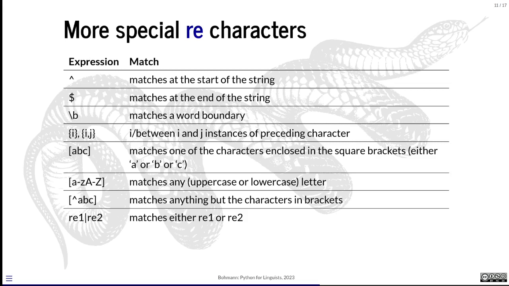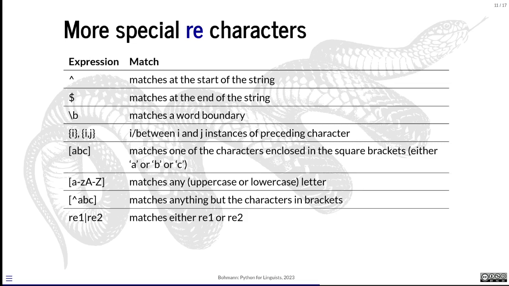That matches any uppercase or lowercase letter. And that's really important because backslash w doesn't match just letters, right? It matches digits as well. And there is no backslash something method, as far as I'm aware, that matches just letters. So this is the way to match just letters if ever you need to do that.